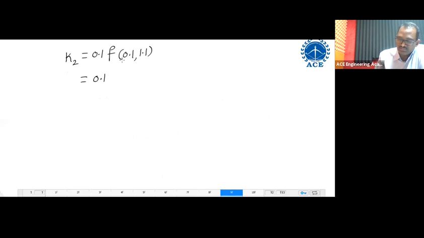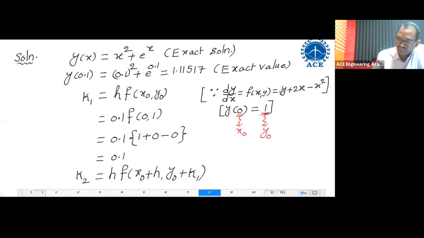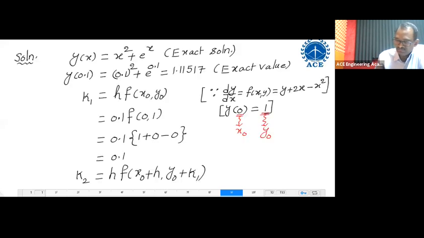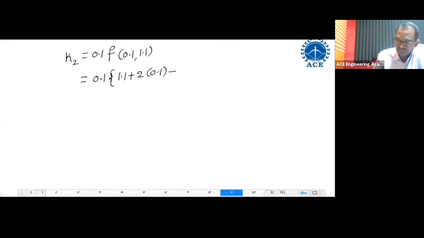This is 0.1 into f of x comma y. X value 0.1, y value 1.1. Y value 1.1 plus 2 into x value 0.1 minus x value 0.1.